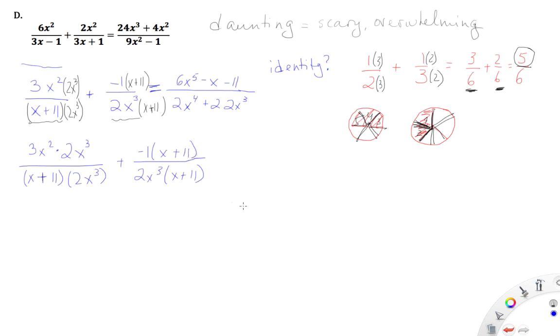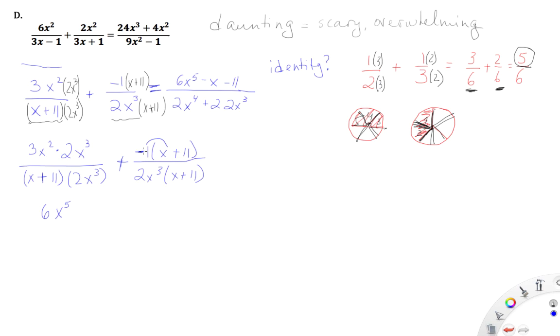Now, on top here, I'm just multiplying 3 times 2, 6. X to the second power times x to the third power is really, I have 2 x's and 3 x's, I have a total of 5 x's. Now, I've got a plus here, but I have a minus in front of the 1. Let's open these parentheses. Let's distribute the negative 1 to x.